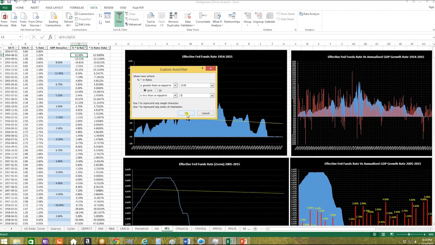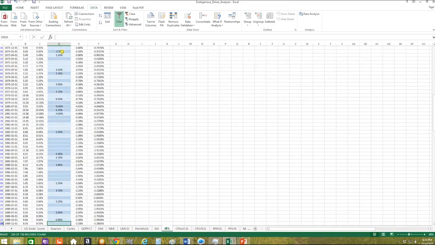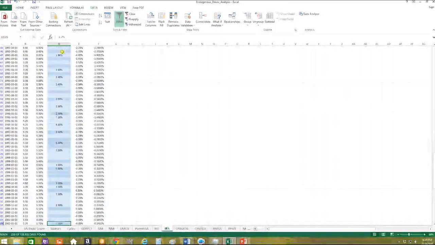And before I hit this OK button, it should be apparent before I even do it that there's going to be a lot of them. And indeed there is. So we look at the quarterly GDP stats, and in your own time you can do this quite easily.